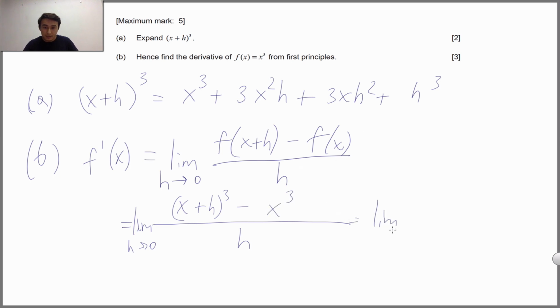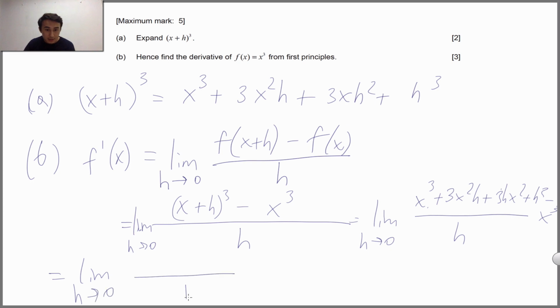Now we expand this as x cubed plus, we already did it in part A, 3x squared h plus 3hx squared plus h cubed, and then minus x cubed, all divided by h. Now this x cubed and minus x cubed cancel each other.